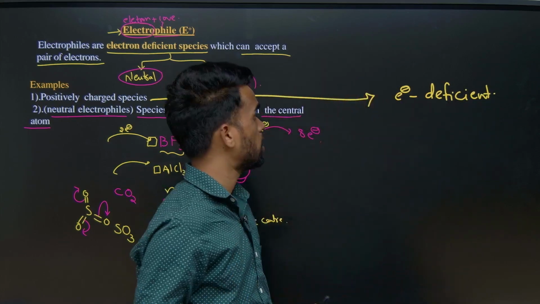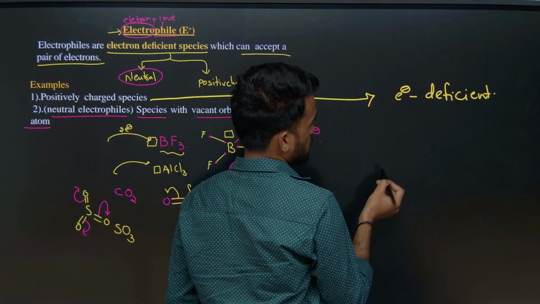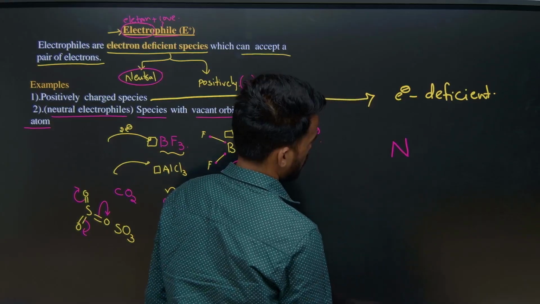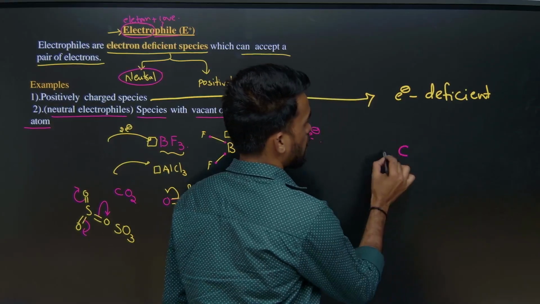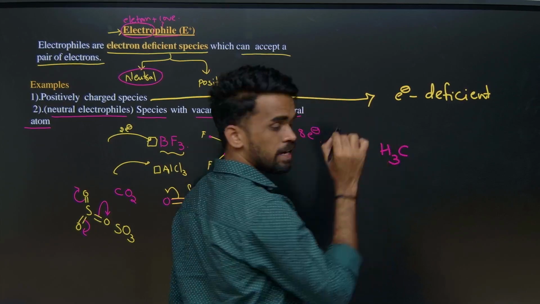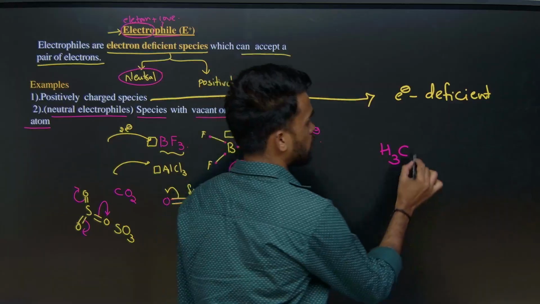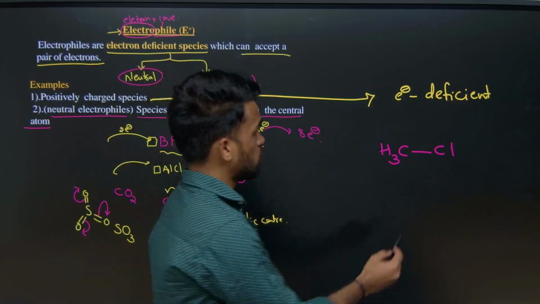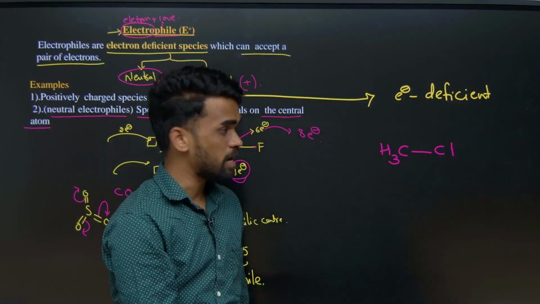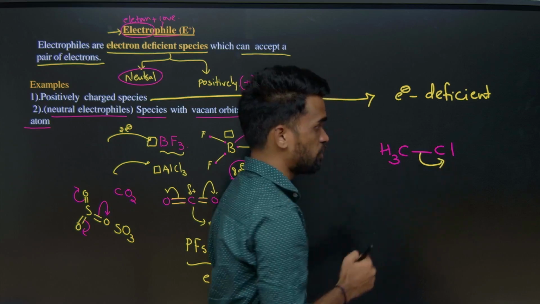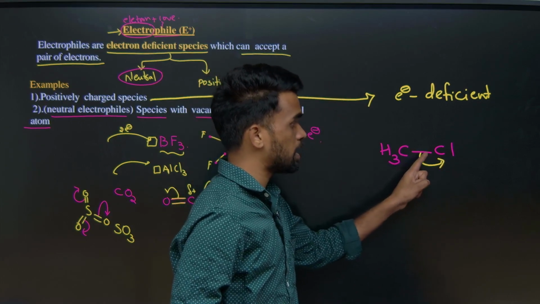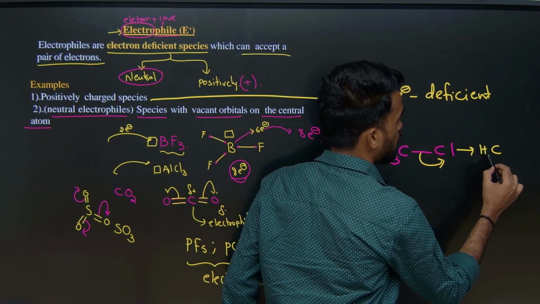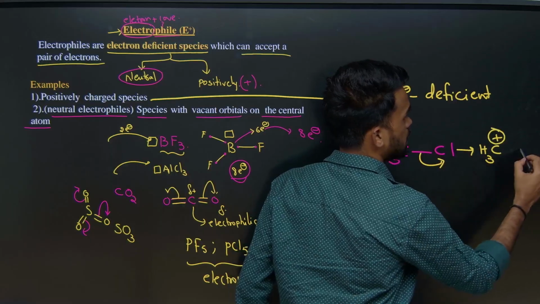So let us say there is a carbon with 3 hydrogens attached to it, and one chlorine or some electronegative group attached. We discussed that due to the electronegativity difference, the bond is polarized, and the bonded electrons are taken by the more electronegative atom, giving a carbocation and Cl minus.